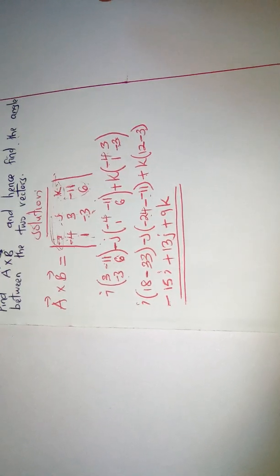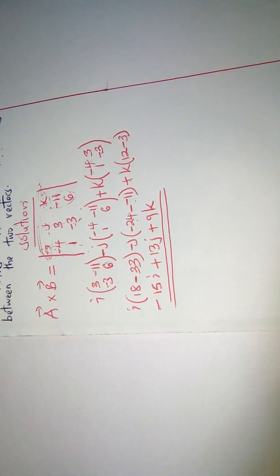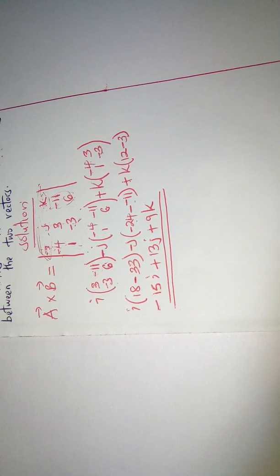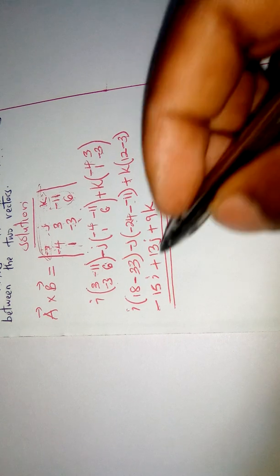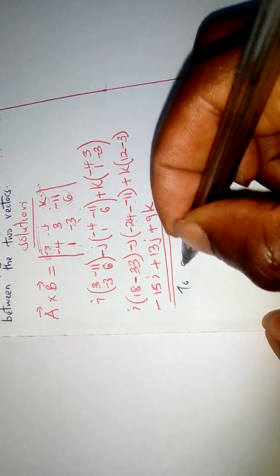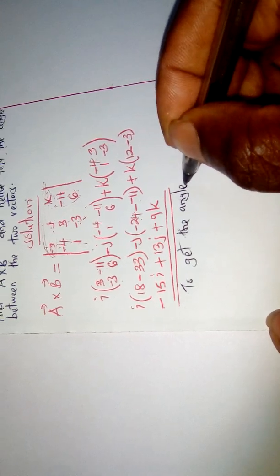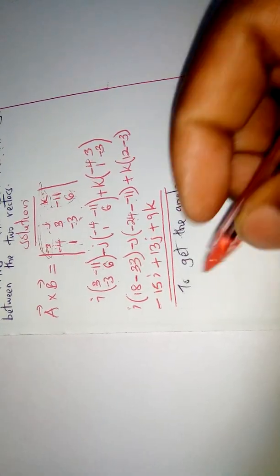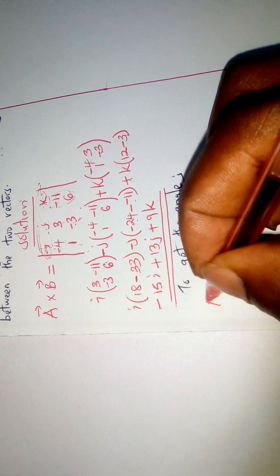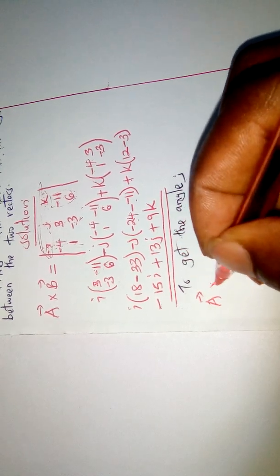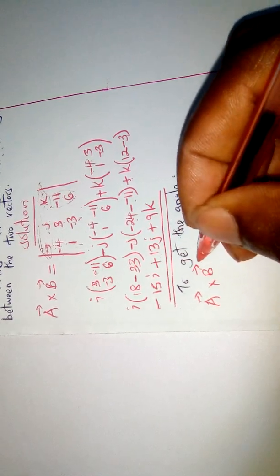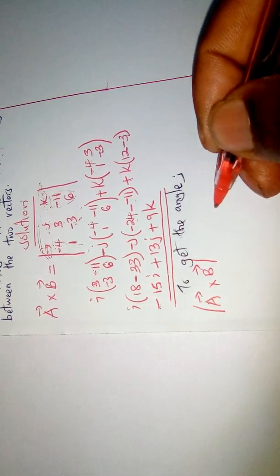Now to get the angle between the two vectors, the formula should be, so to get the angle, the cross product you obtained, you are supposed to get its magnitude.